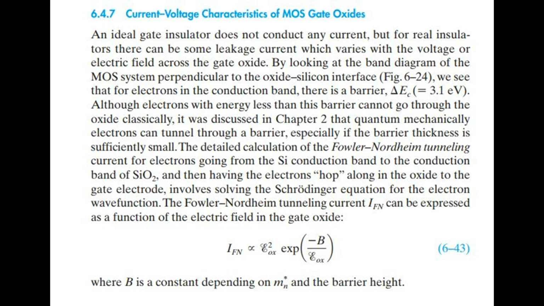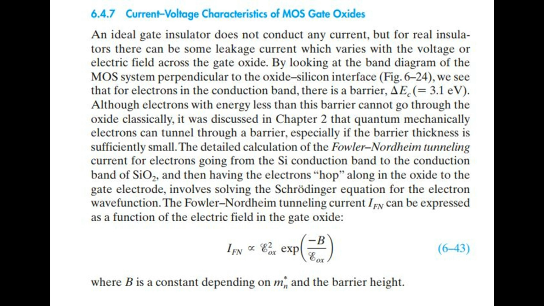Although electrons with energy less than this barrier cannot go through the oxide classically, it was discussed in Chapter 2 that quantum mechanically electrons can tunnel through a barrier, especially if the barrier thickness is sufficiently small.